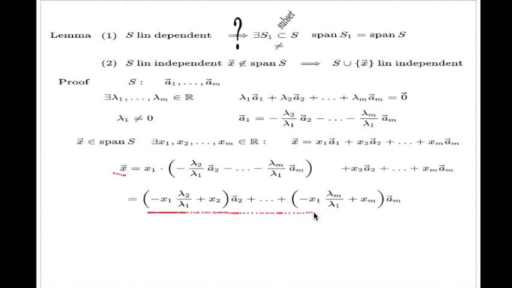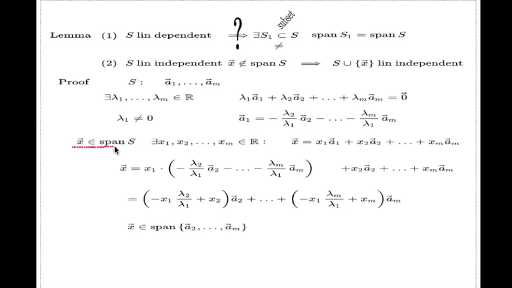Look at this. It's a linear combination of the vectors a2 through to am, with no a1 involved, with some coefficients. They are lengthy bracketed coefficients, but still some coefficients. So what we see here is, in fact, x turns out to be a member of the span of the smaller set like this. Look what I started with.